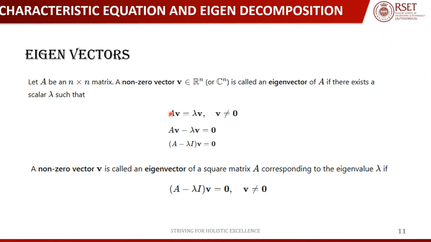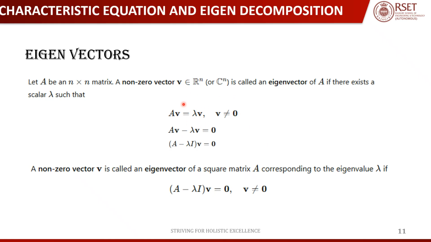This scalar lambda is called the eigenvalue of the matrix, and we know how to find the eigenvalue of a given matrix. Let lambda be an eigenvalue of A. Then that particular non-zero vector v for which Av equals lambda v, such that v not equal to 0, is called the eigenvector of A.